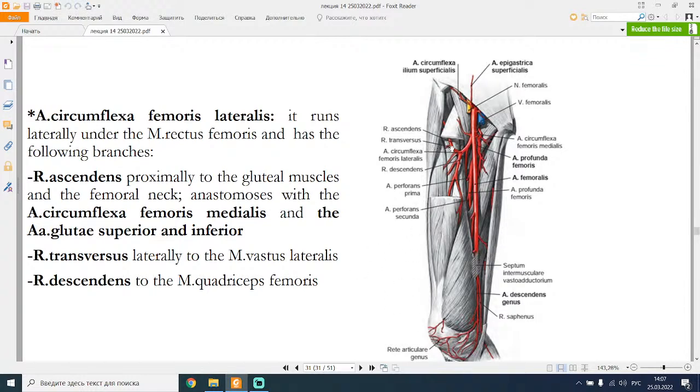Ramus descendens goes to the musculus quadriceps femoris. These are the branches of arteria profunda femoris.